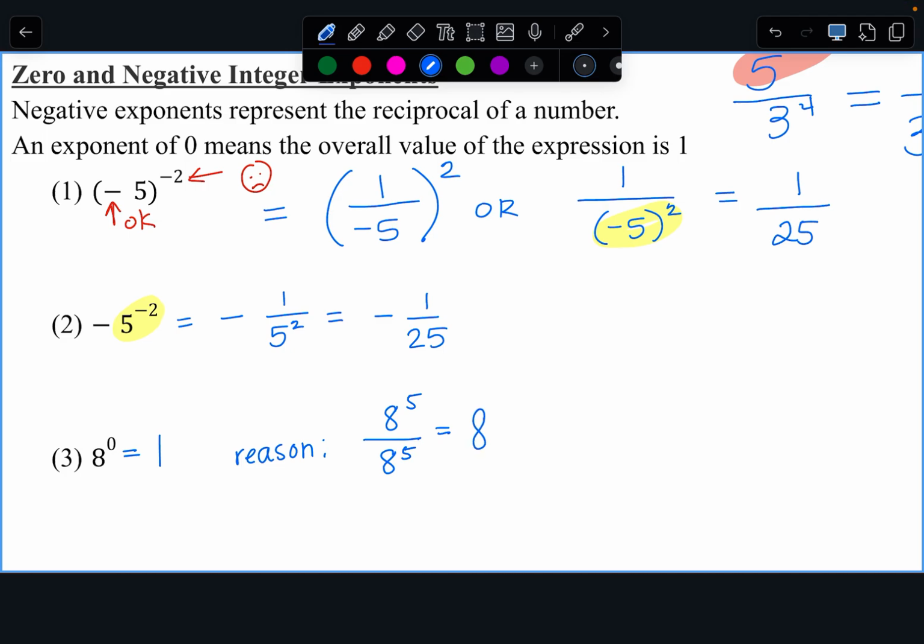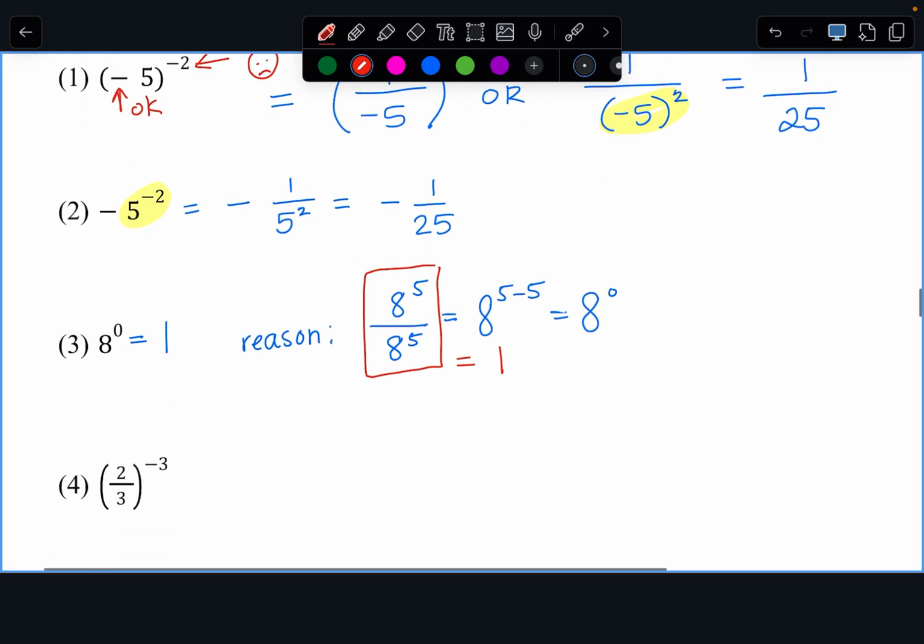This means 8 to the 5 minus 5, which is 8 to the 0. But what happens when I divide something by itself? That equals 1. That's the reasoning behind an exponent of 0. It's saying it's 0 groups, things cancel out, but you're just left with 1. All right.